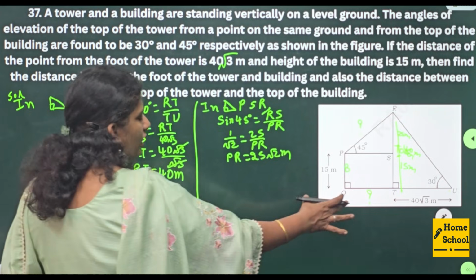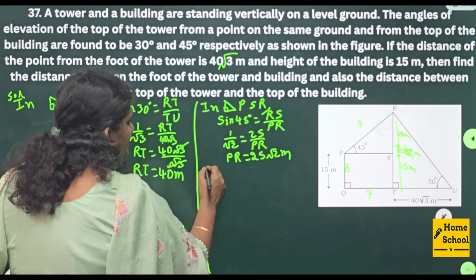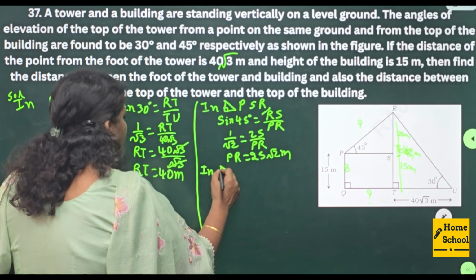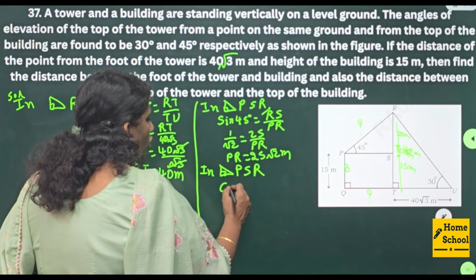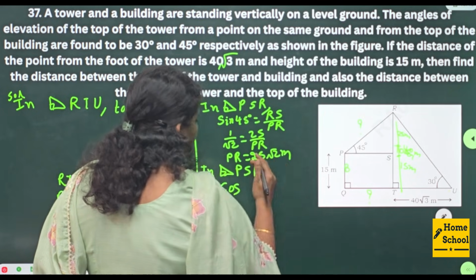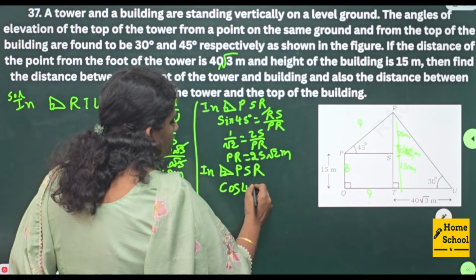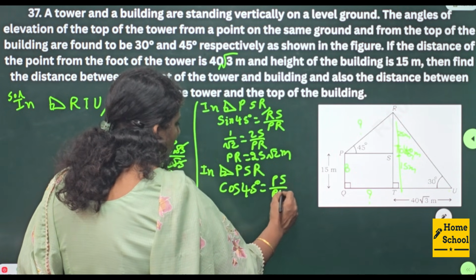Now we need QT. If you are able to find PS, that is only QT. Same right triangle PSR, cos. See, cos is adjacent by hypotenuse. You know hypotenuse, right? Cos 45 degree is equal to PS by PR.